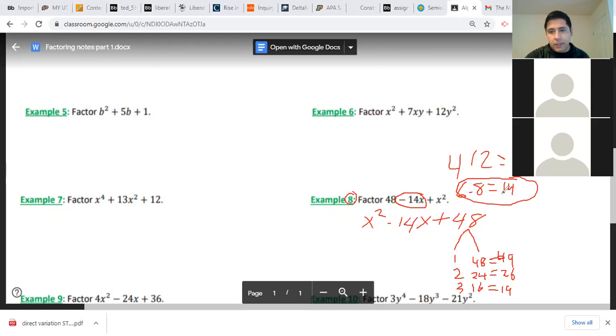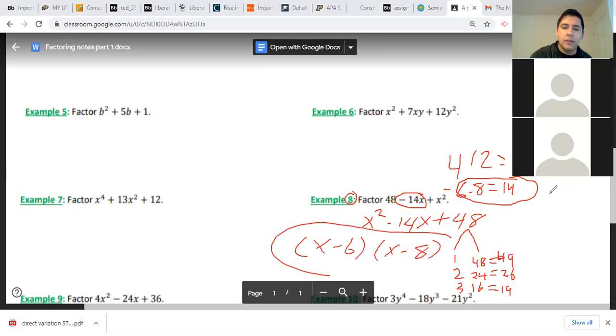But if one of them is negative, that would give us a negative 48. We needed a negative 14 and a positive 48, so both would be negative. Negative 6 and negative 8 add up to negative 14 and multiply to positive 48. So our answer here is x minus 6, x minus 8.